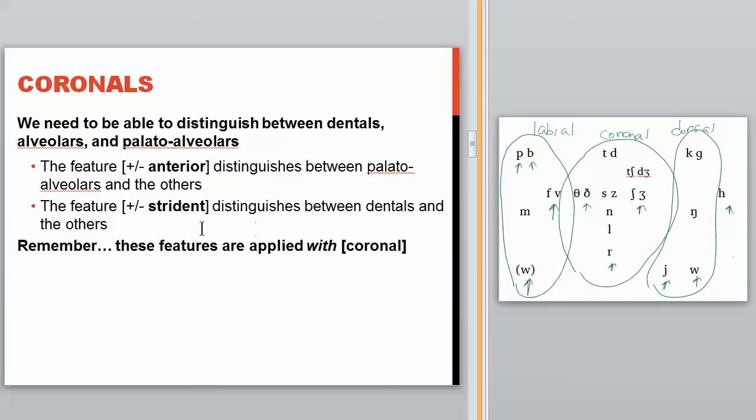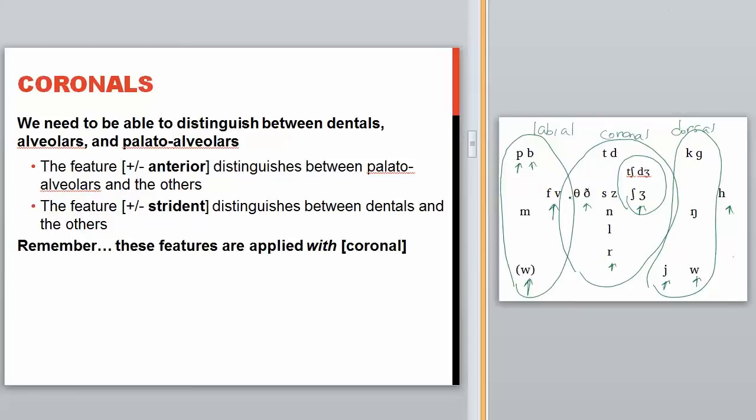So to do this, we can say that palatal-alveolars, so sh, zh, ch, and j, are more toward the back, and so we can consider them to be minus anterior. Recall that anterior means front. So sh and zh can be considered minus anterior, whereas the rest of the coronal sounds are plus anterior.